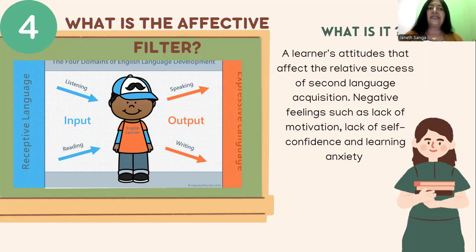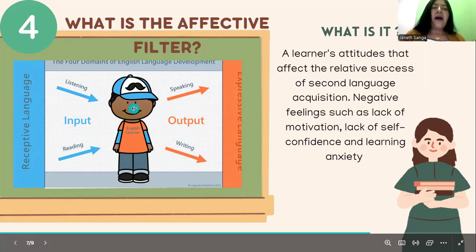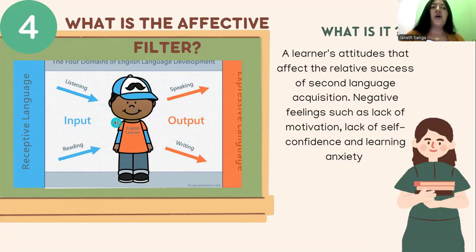It's really important. In this picture, we have the received language through input activities, affective filter, and output activities, okay? Input activities can help the students acquire new words, new phrases, new language, through listening and reading.